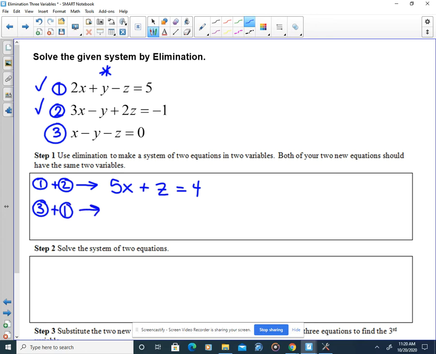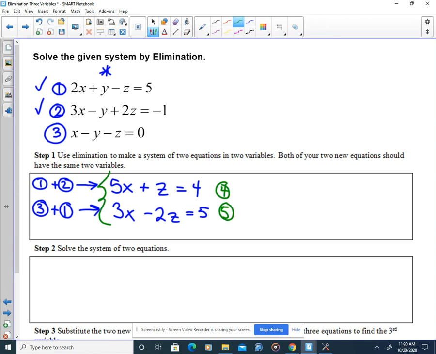Okay? So let's take equation 3 and add it to equation 1. We get 3x, the y's cancel out, minus 2z equals 5. Okay? So now, these 2 new equations that we have, let's call these equations 4 and 5.